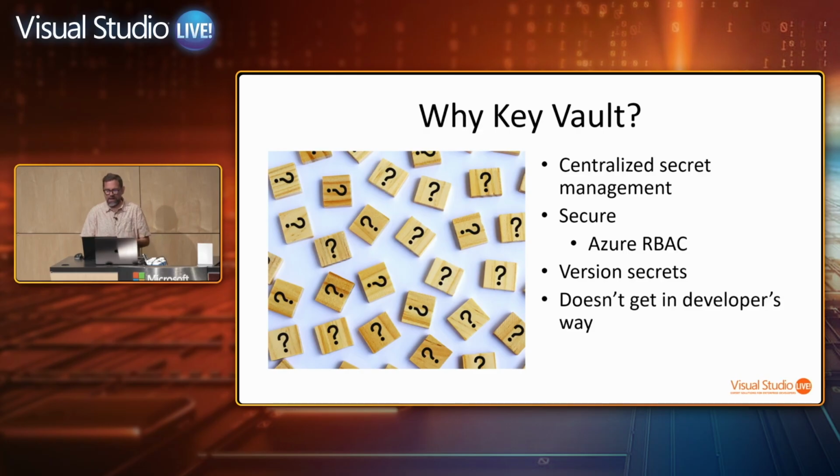But the way I access Key Vault is going to be exactly the same because it's running on AD, Active Directory. And it doesn't get in your way. It's not any more difficult other than a couple lines of code when you set it up to get at it. So essentially, forget all about those secrets. The only password that's secure is a password that you don't know. That's what Key Vault happens to give you.